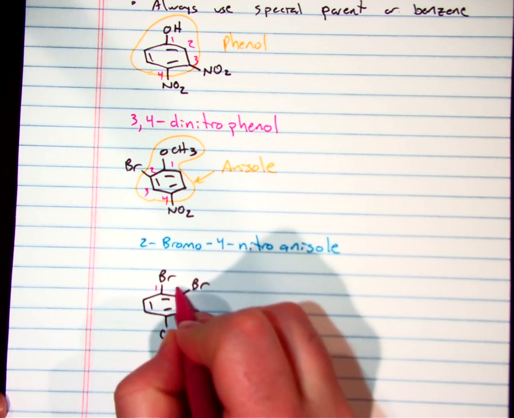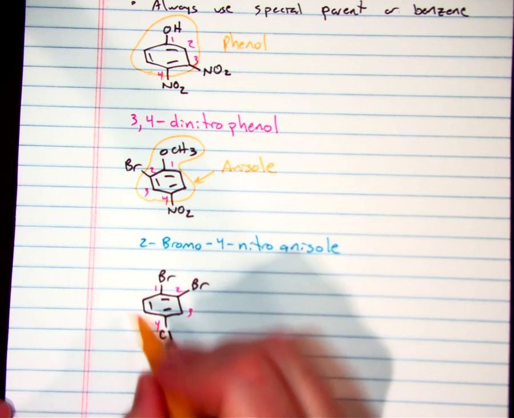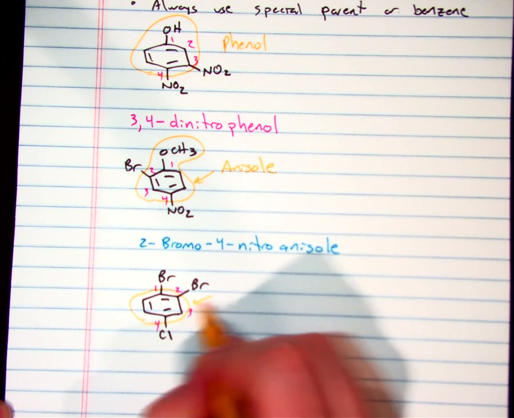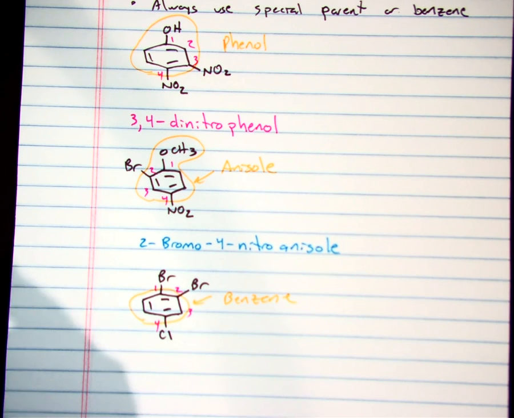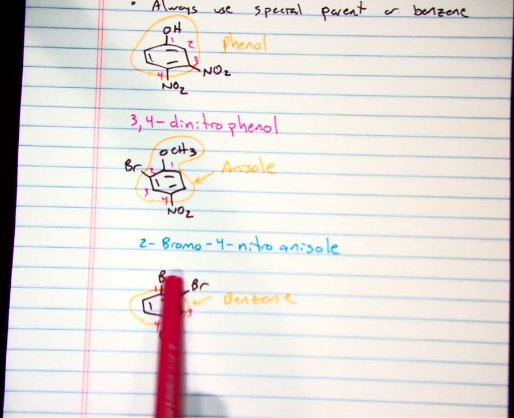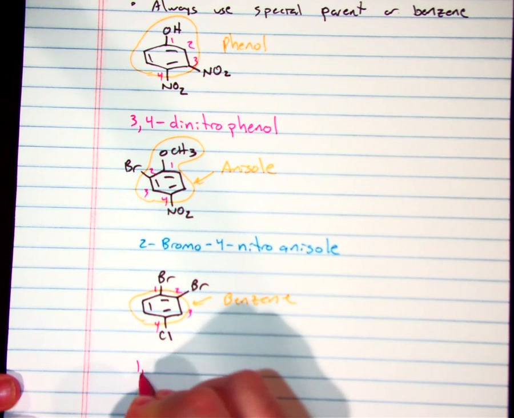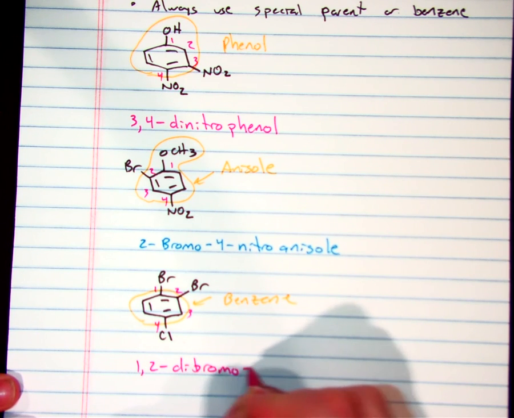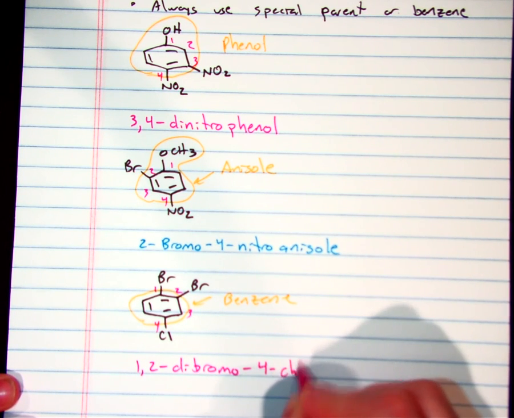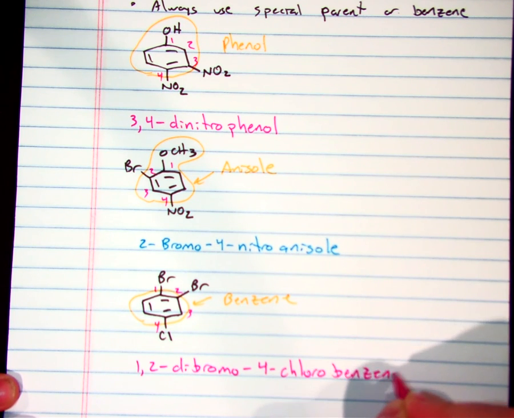So we have 1, 2, 3, 4. The parent name in this case is going to be from that benzene. And we have a 1,2-dibromo and a 4-chloro. So 1,2-dibromo-4-chlorobenzene.